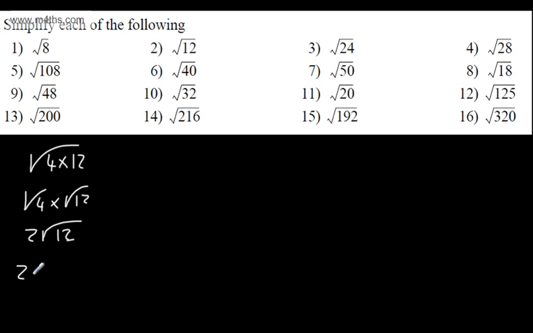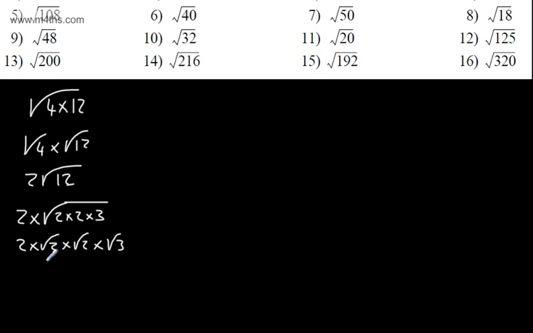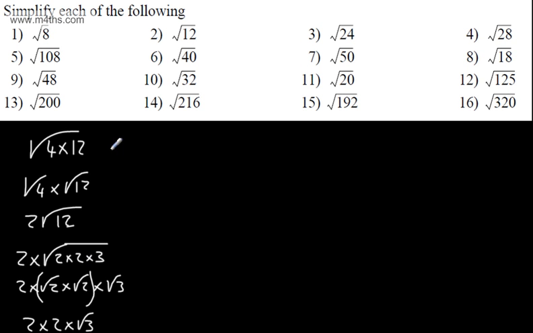So what I've got here is 2 times by the root of 2 times by 2 times by 3, which I could write as 2 times by the root of 2 times by the root of 2 times by the root of 3. And of course, that is going to give me 2. So I've got now 2 times by 2 times by root 3, and that is going to give me 4 root 3.